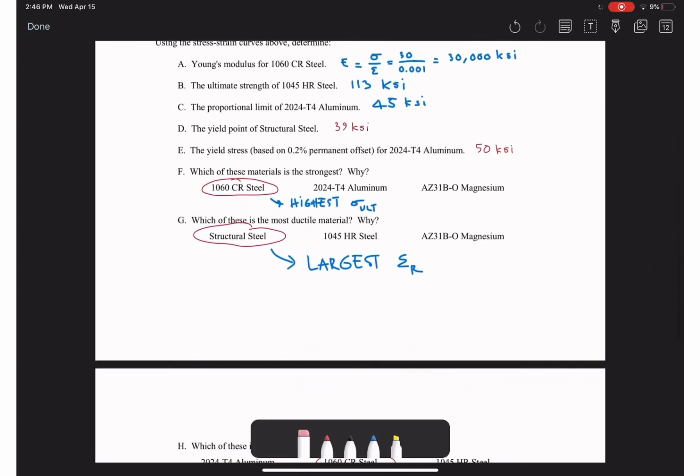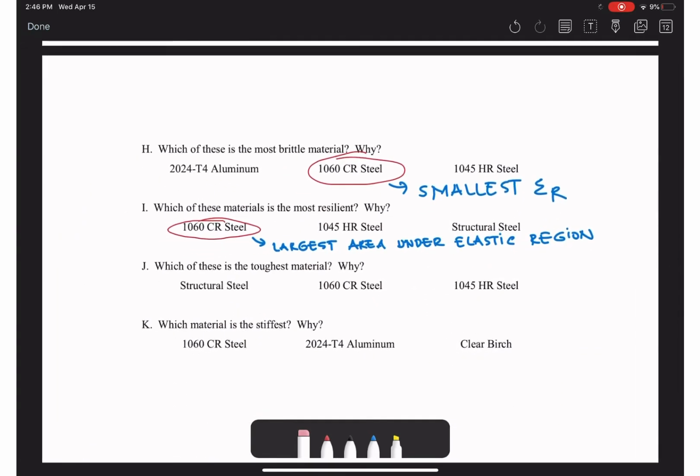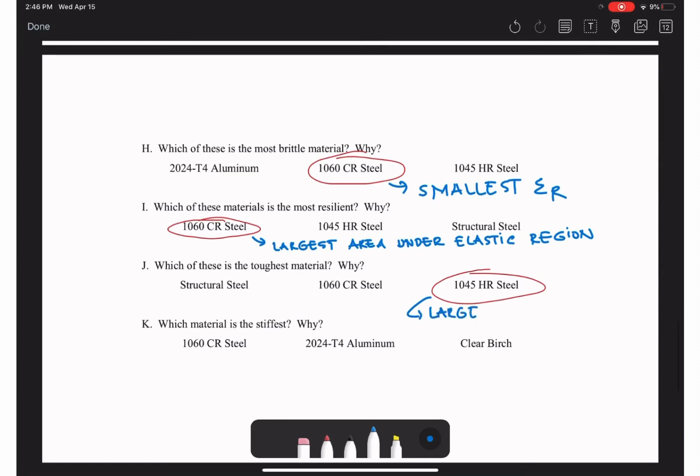So that material, we call it the toughest. It will be the 1045 HR steel, because it has the largest area under the entire curve.